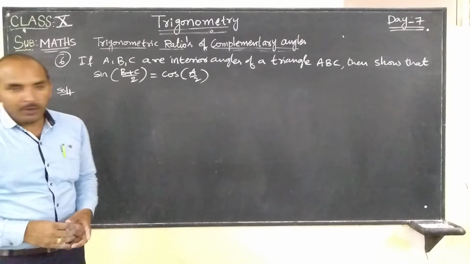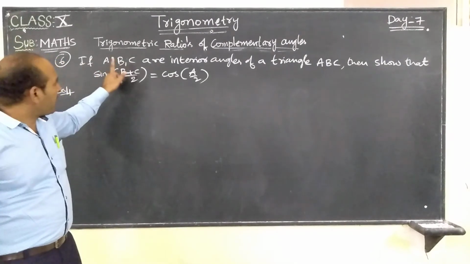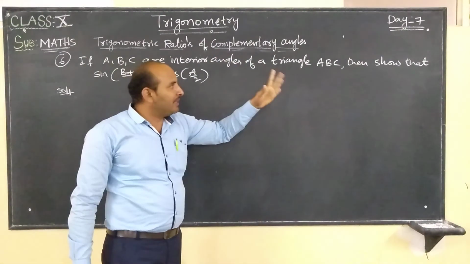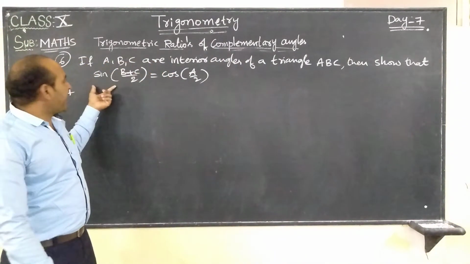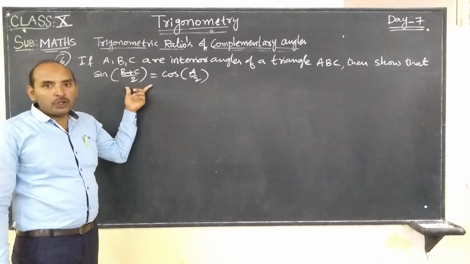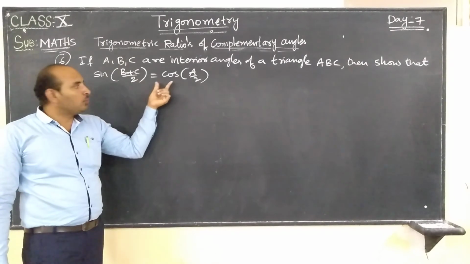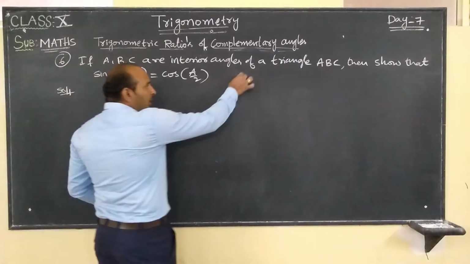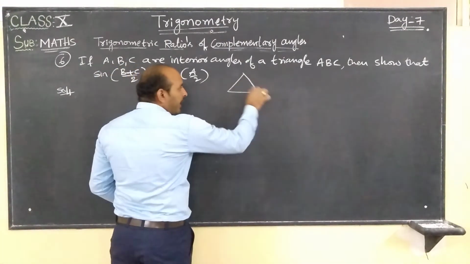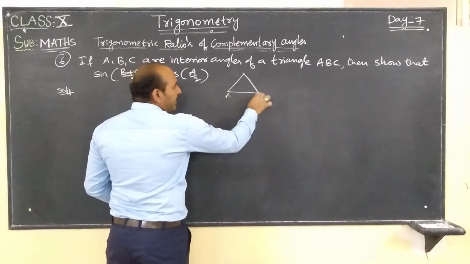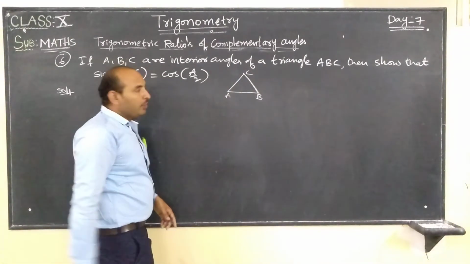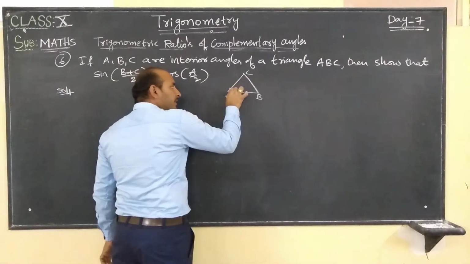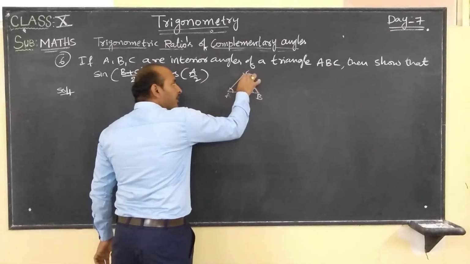Next, move on to the next problem. If A, B, C are interior angles of a triangle ABC, then show that sine of (B plus C) upon 2 is equal to cos of A upon 2. That means in triangle ABC, these angles are clearly interior angles, not exterior.